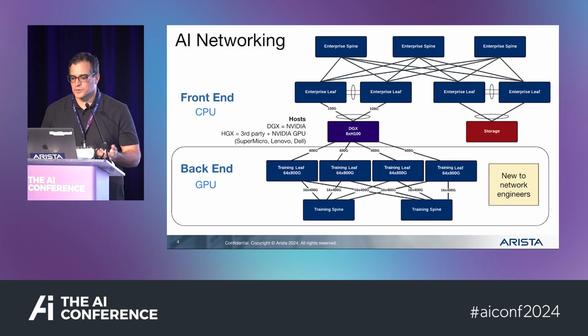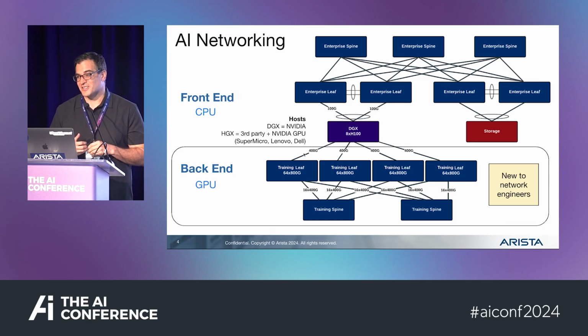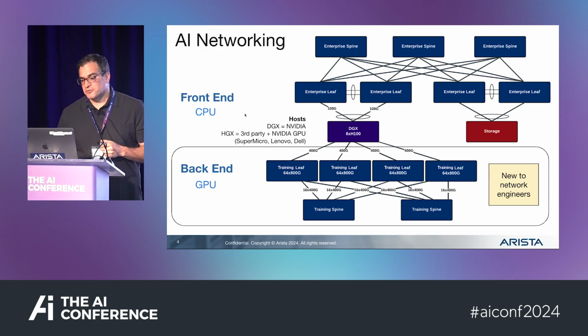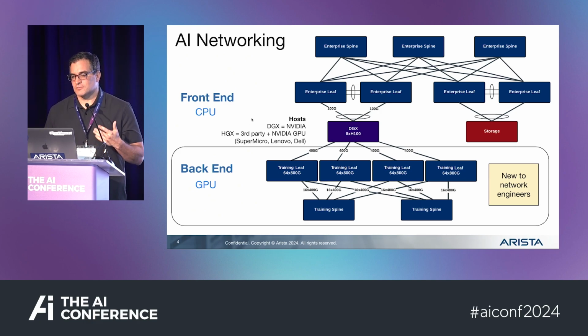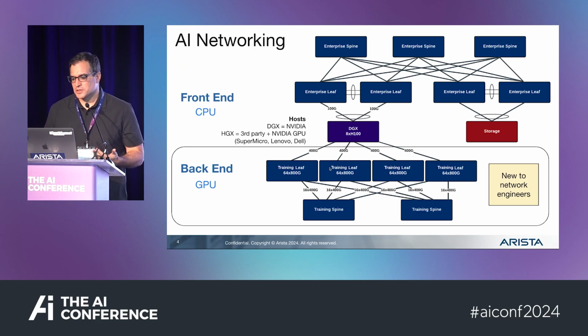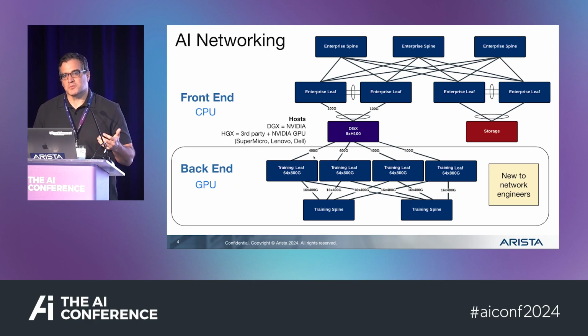In the new world, we're building these back-end networks where we're attaching these GPUs at 400 and soon to be 800 gigabits, okay? So the front-end network is what we've always been building, these traditional leaf-spines, 25 to 100 gig. These new networks to interconnect these massive GPU systems, these back-end networks, typically have 400 gig connectivity to the GPUs, and they're not oversubscribed at all.